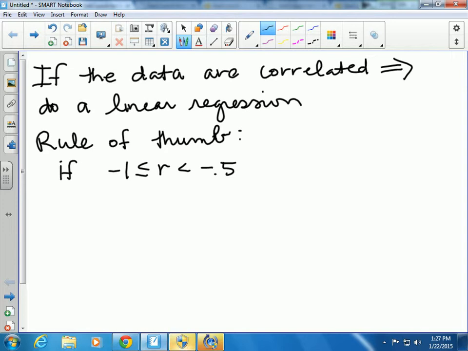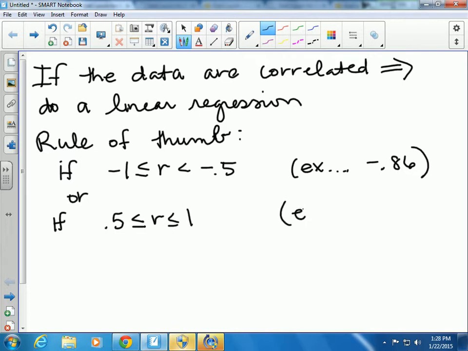Okay, if you don't know what I mean by that, as an example, I mean -0.86, like the example we did last time. If R is between 0.5 and 1, that would mean, for example, R is, I don't know, 0.72.